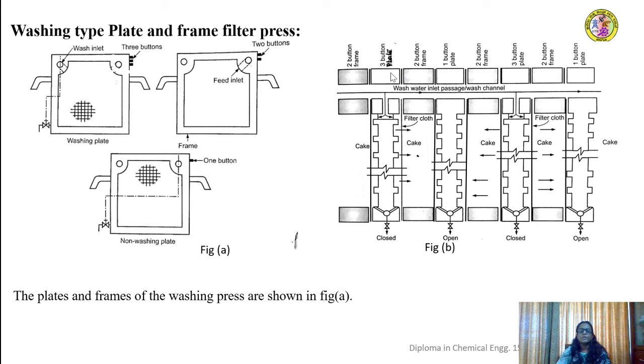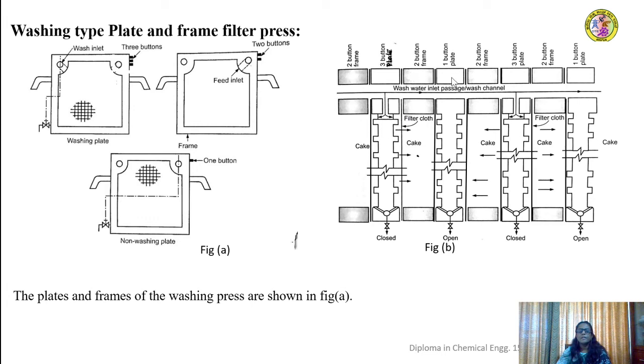So after the three button plate, two button frame will come. So after that frame, whatever that plate comes is a one button plate. So the three button and one button plates are alternatively arranged in between them. So there is a frame always separating a plate from each other. Okay.